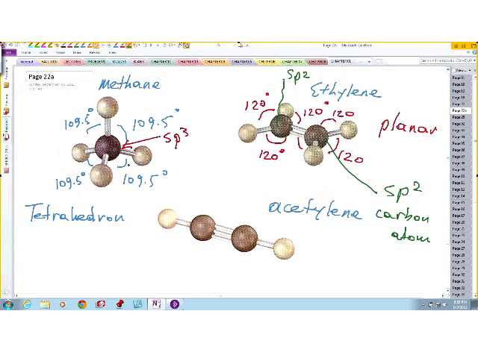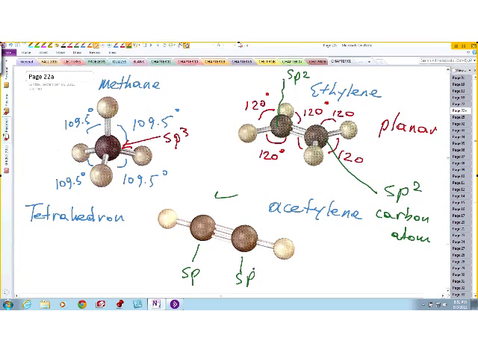On the other hand, if we take a look at this molecule here, acetylene, the acetylene molecule, this right here. Look at this carbon atom here. How many atoms is this carbon bonded to? 2. So what kind of hybridization are we going to call this carbon? sp. So we are going to say this is an sp carbon atom.